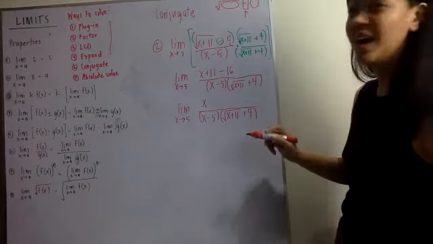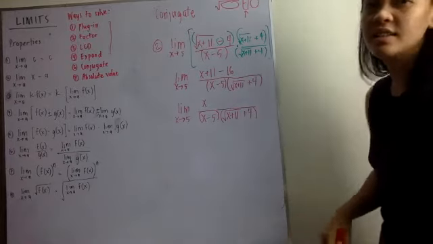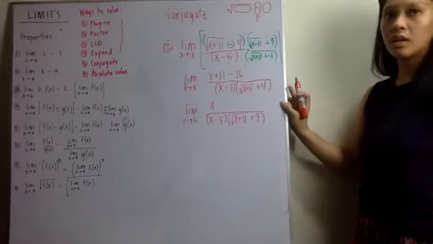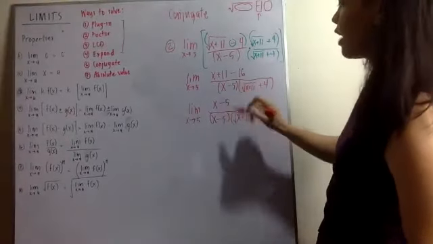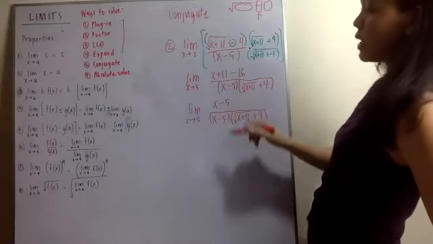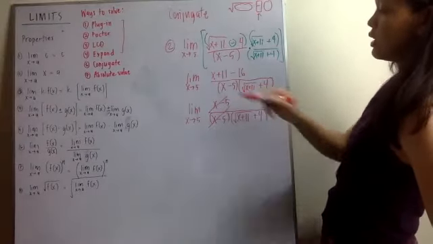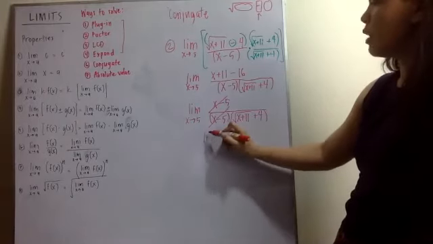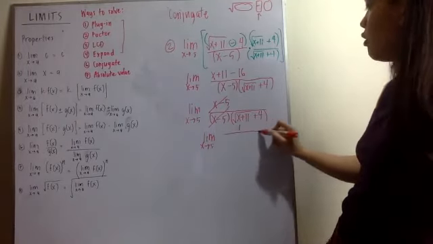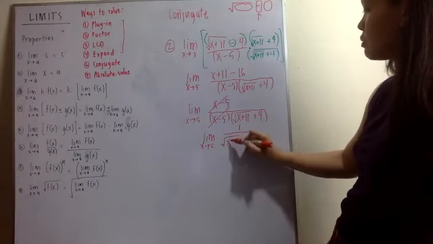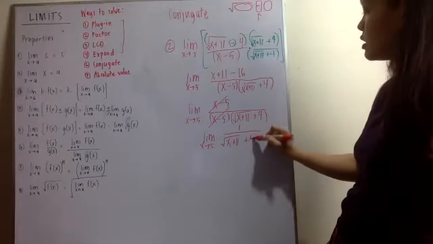Nag-lag ba ako? Anong nasa taas natin? Negative 5. So, x minus 5 over x minus 5, pwede tayong mag-cancel. Okay? May iwan tayo with limit as x approaches 5, 1 over square root of x plus 11 plus 4.